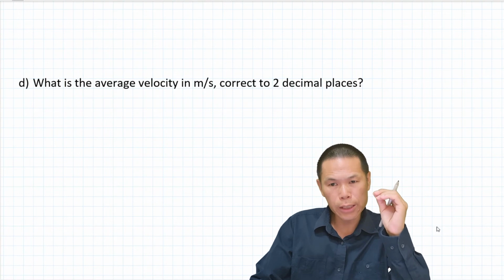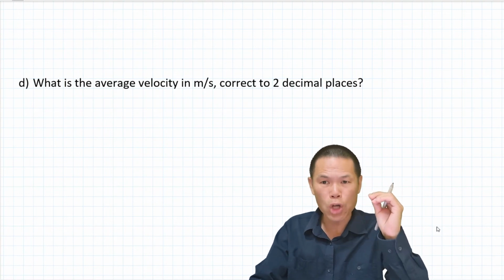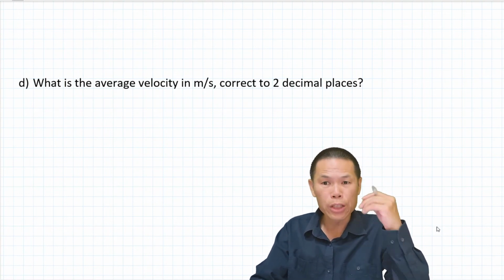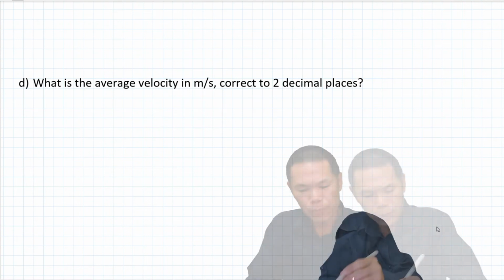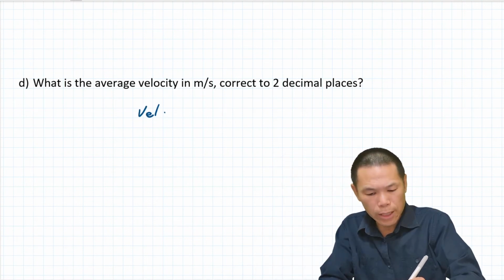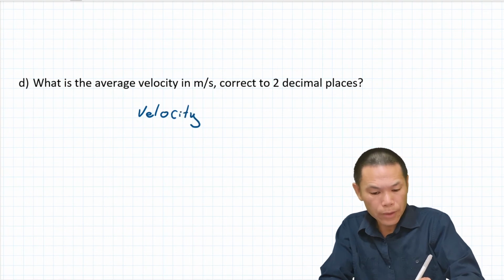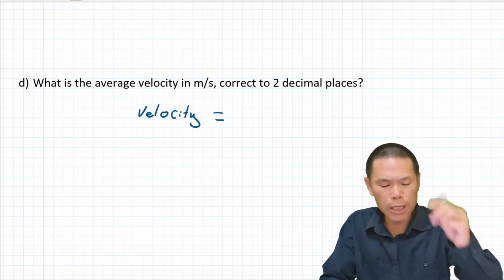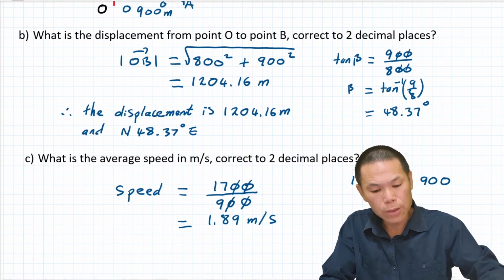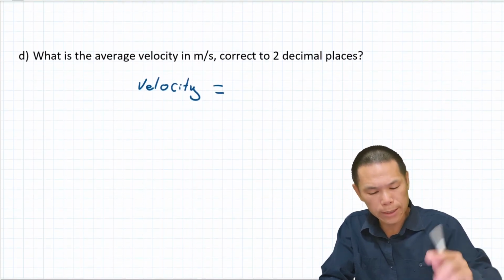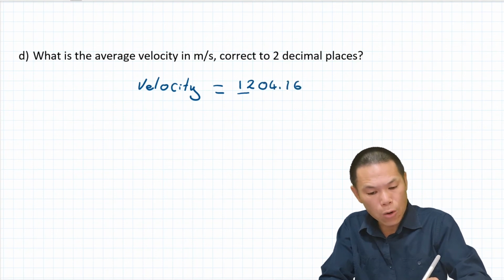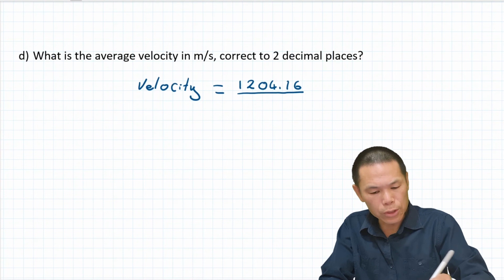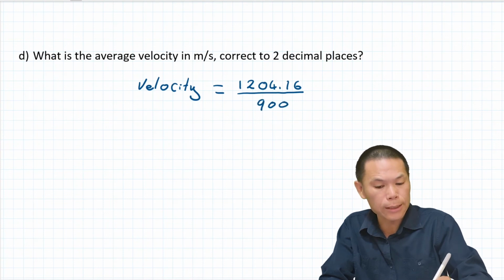Now, last one, we need to work out the average velocity. Velocity is the displacement over time, so it will have the speed and the direction. Keep that in mind. Velocity is equal to the displacement, 1,204.16, over the time, which is 900 seconds.